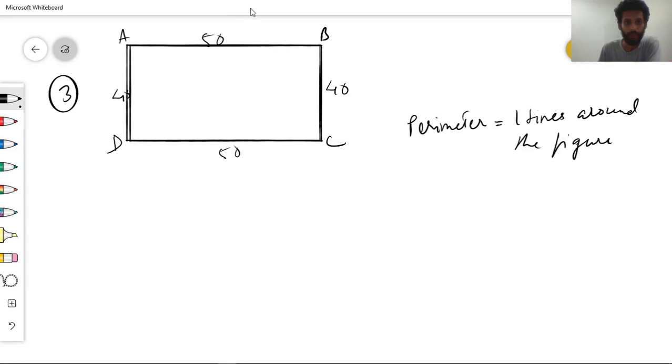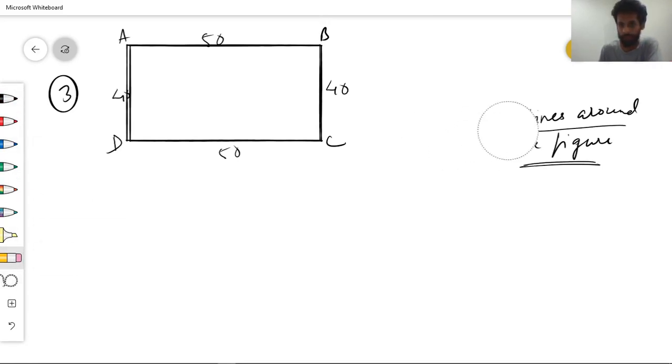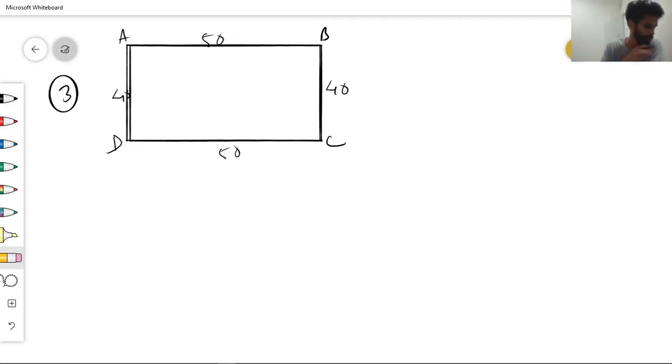If I go one time, it will be the perimeter. If I go 2 times, it will be 2 times the perimeter, 3 times will be 3 times, and so on. If we go 1 time around the figure, we just travel a distance same as the perimeter.